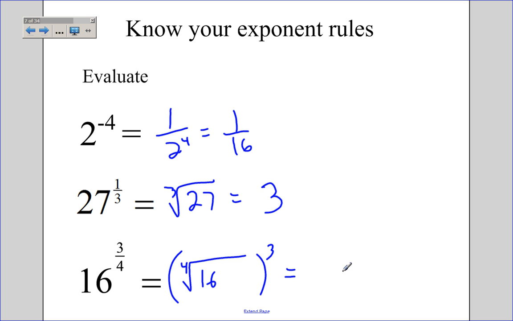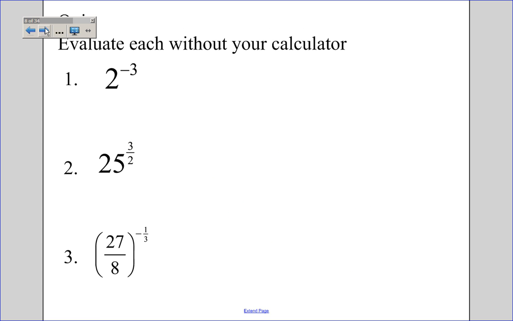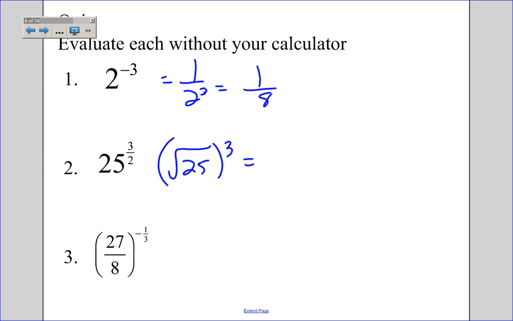The 4th root of 16 is 2, so 2 cubed is 8. Now 2 to the negative 3 means 1 over 2 to the 3rd, which is 1/8. 25 to the 3/2 is the square root of 25 cubed. So that's going to be 5 cubed, which is 125.